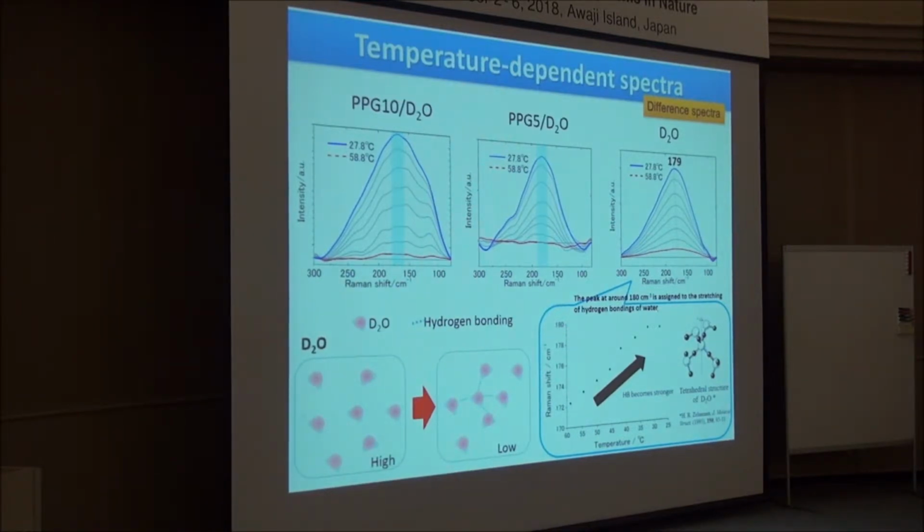The peak at 170 wave number is assigned to the stretching of hydrogen bonding of water. And this peak shifts to a higher wave number, a higher frequency region, with the cooling process, because the hydrogen bonding becomes stronger.